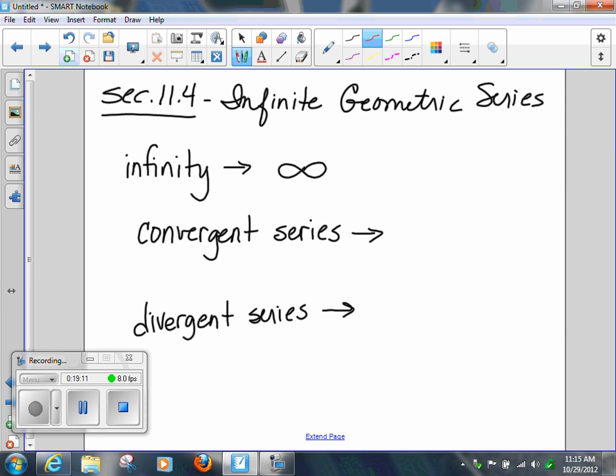Converge means to come together, right? And, well, y'all know how I am about pictures. Is that coming together? Converging? It's converging upon one value. Coming together, coming to an end.